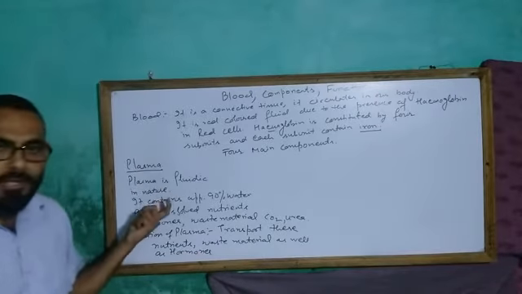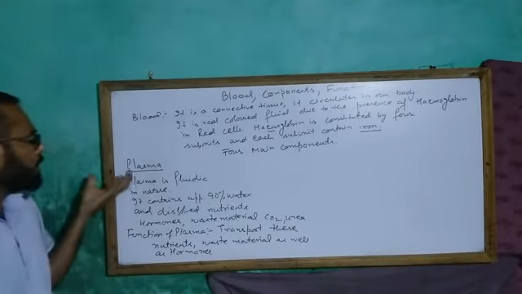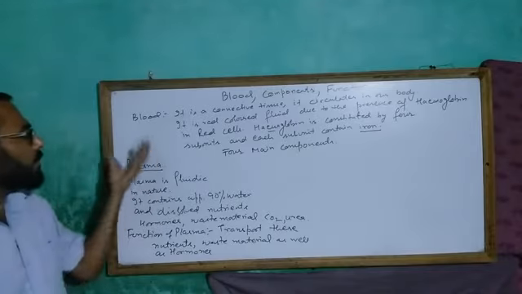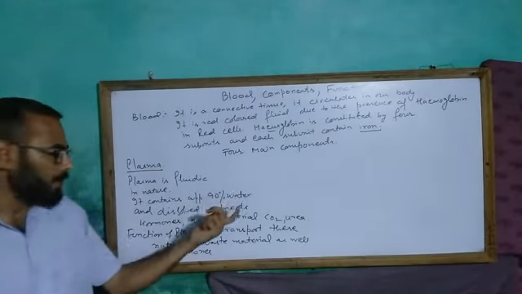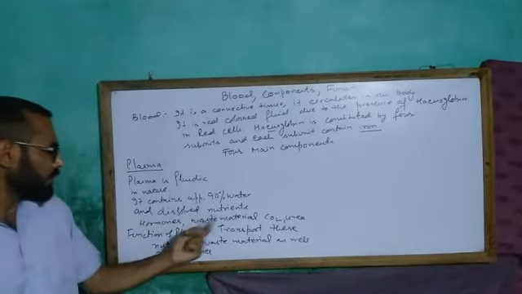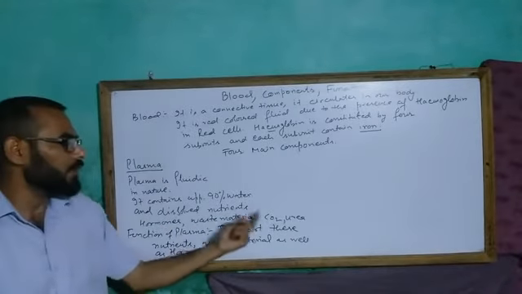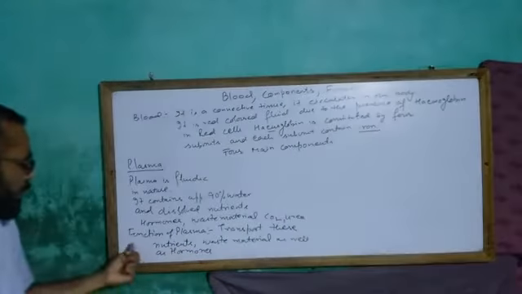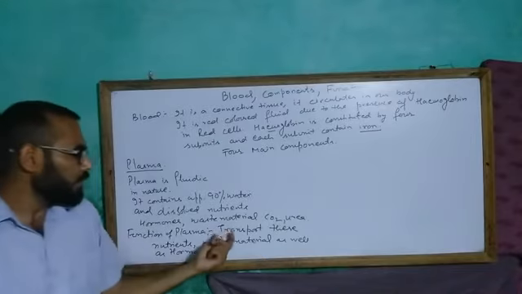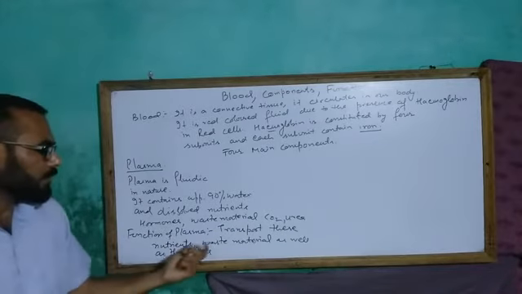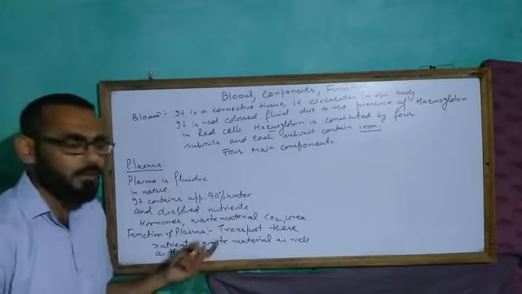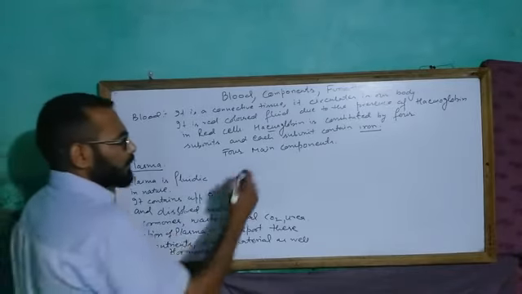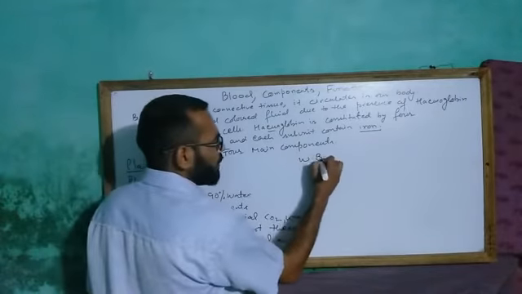Plasma is fluidic in nature, and the fluid part of blood is plasma. It contains approximately 90% water and dissolved nutrients, hormones, waste material such as carbon dioxide, urea. The function of plasma is it transports these nutrients, waste materials, as well as hormones to various parts of our body.